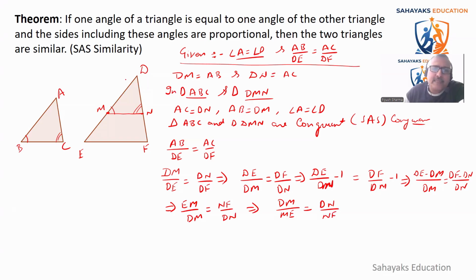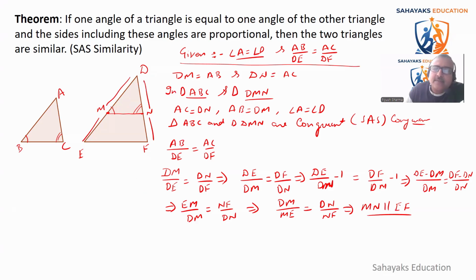So we are saying that this divided by this is equal to this divided by this. What does it mean? It means that this line MN is dividing it into two equal proportions. And that implies that line MN is parallel to EF. If MN is parallel to EF, what does it imply?